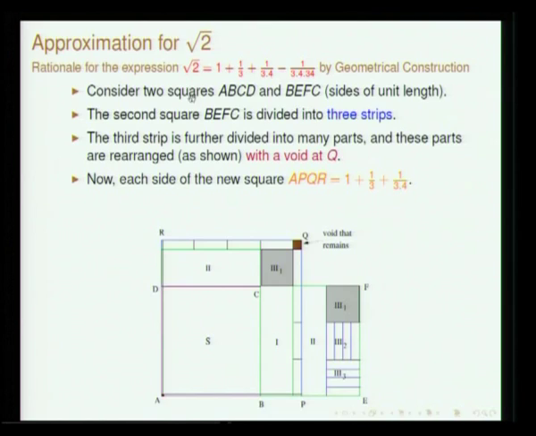We want to find the side of the square which will be the sum of two squares. ABCD and BEFC are the two squares which we consider.